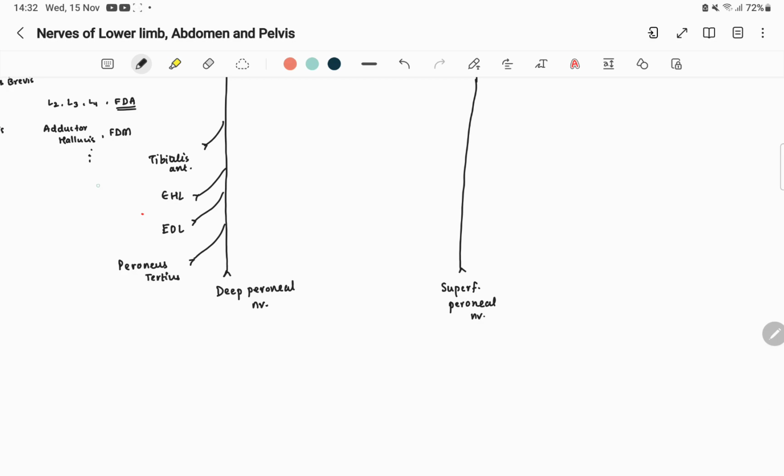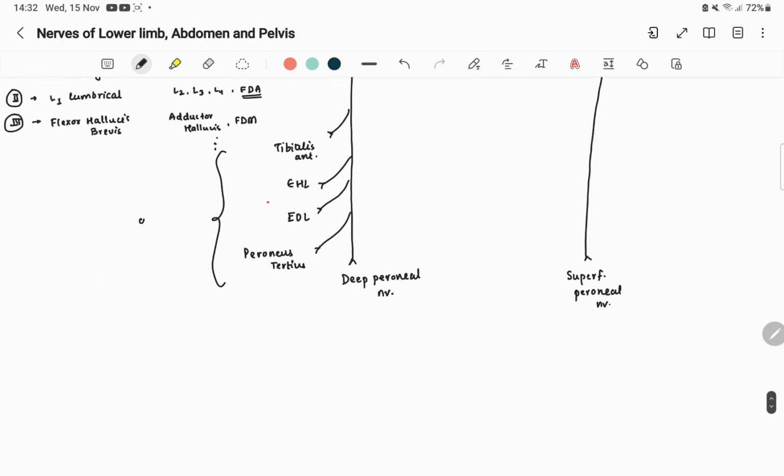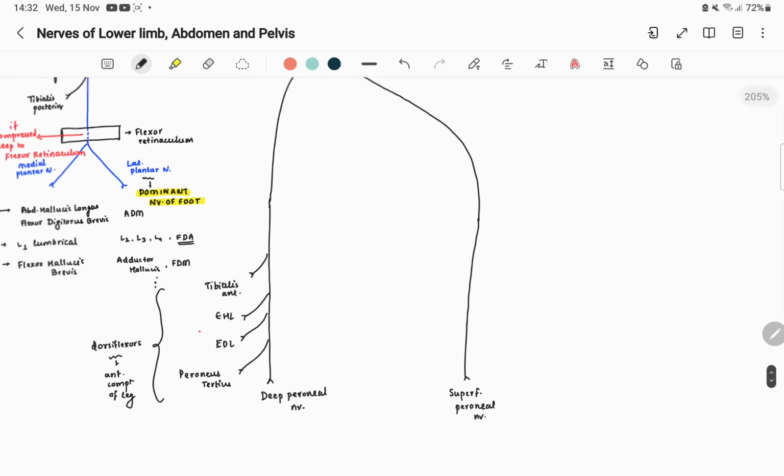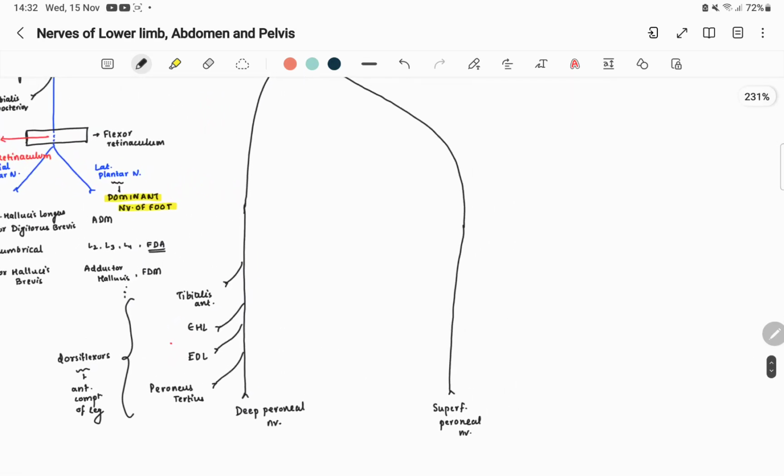These are all your dorsiflexors. Your anterior compartment of the leg, not the foot, of the leg, is supplied by the deep peroneal nerve.